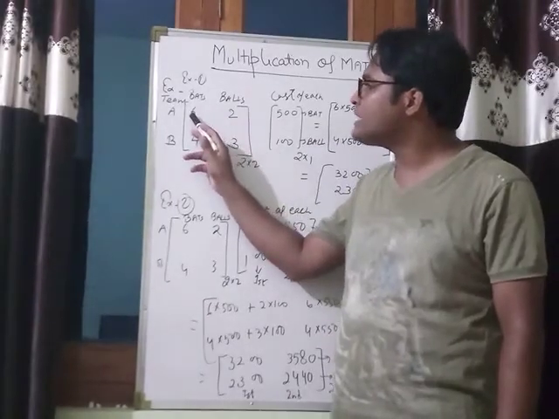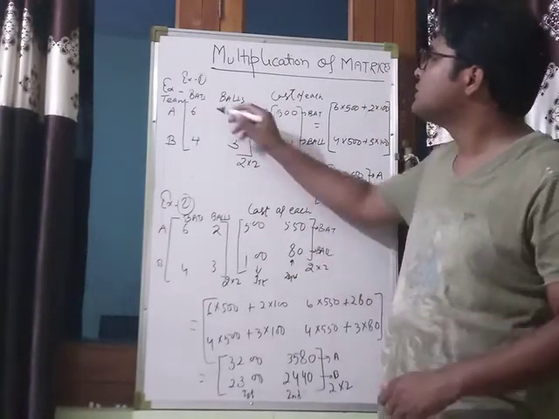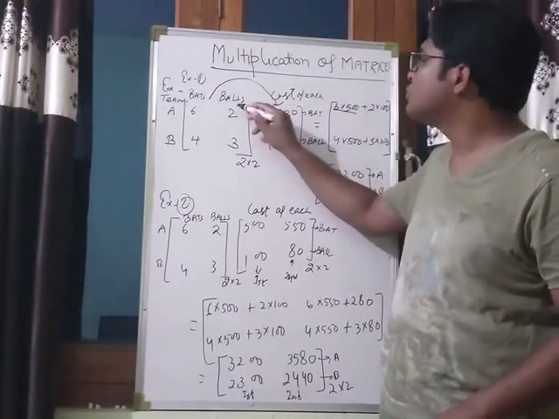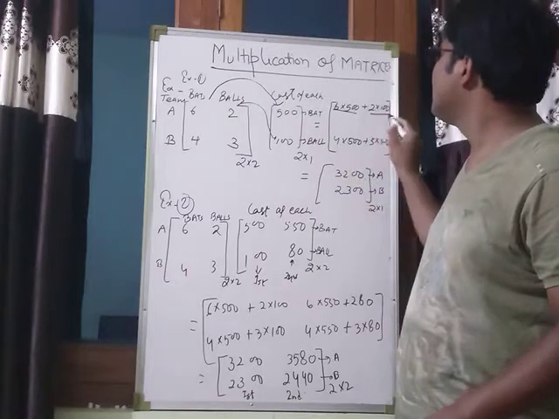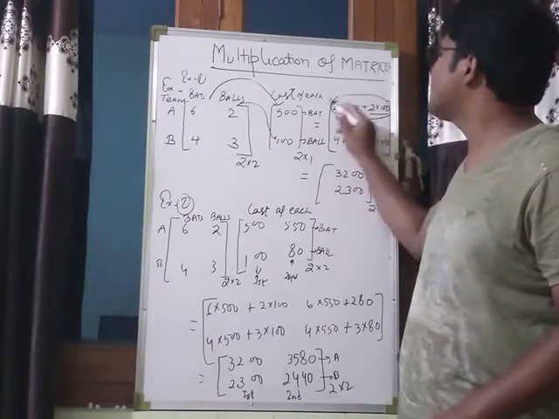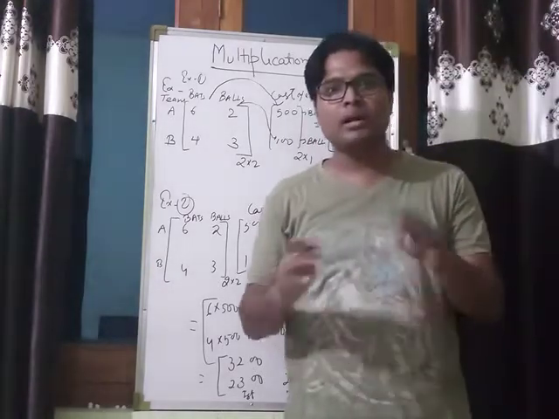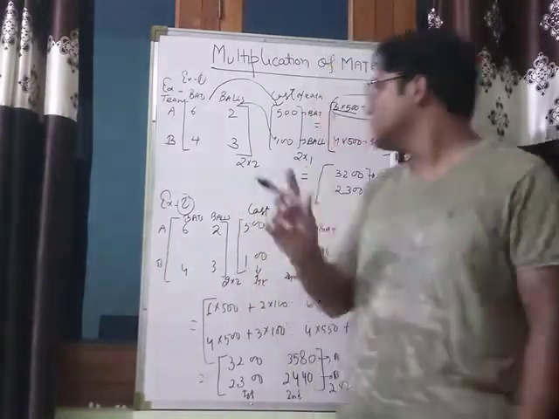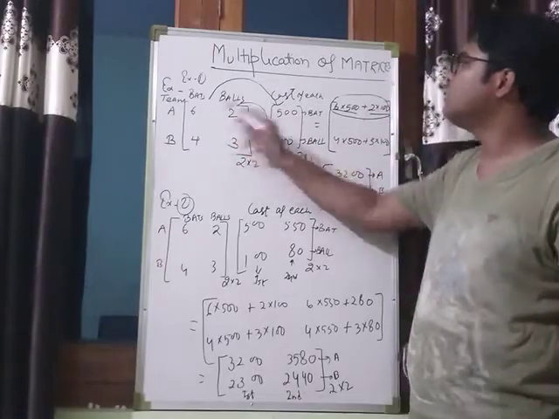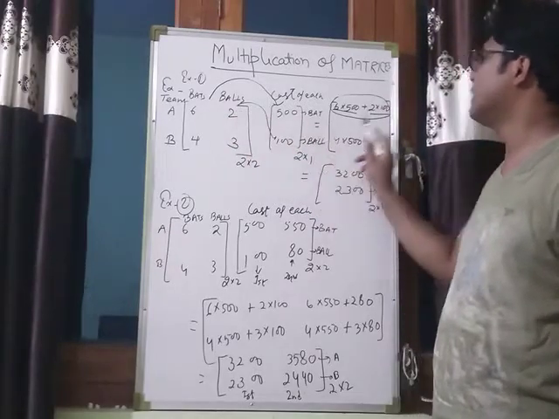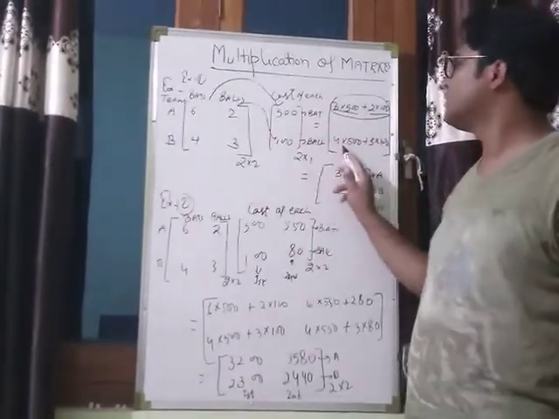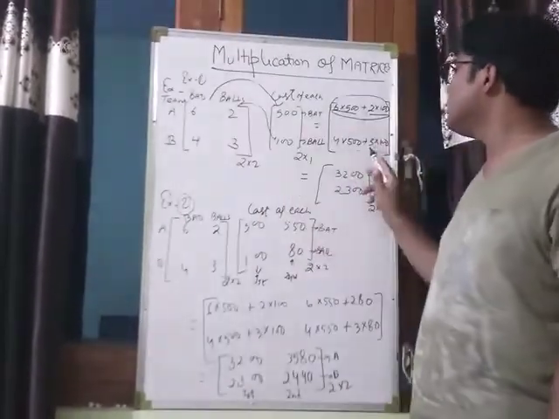So the cost of 6 bats will be 6 into 500, and of 2 balls 2 into 100, and the sum of these two is the money required by team A. So that is 6 into 500 plus 2 into 100, and for team B 4 into 500 plus 3 into 100.